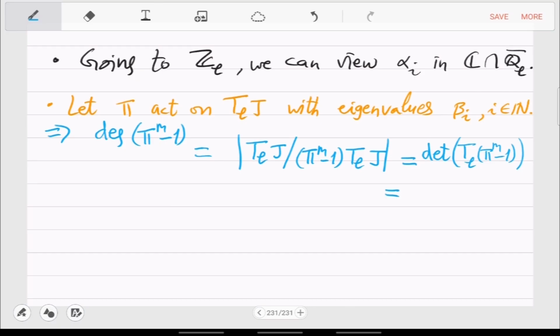So the eigenvalues of these are beta_i^m - 1. Is that clear? So basically kernel size is equal to co-kernel size is equal to determinant, which is equal to the product of eigenvalues.